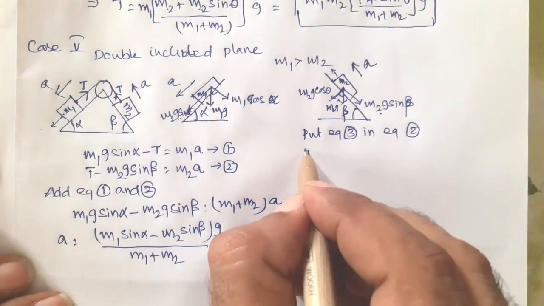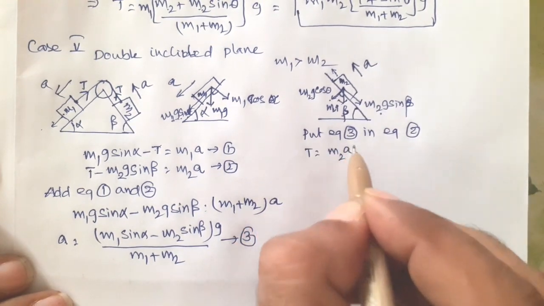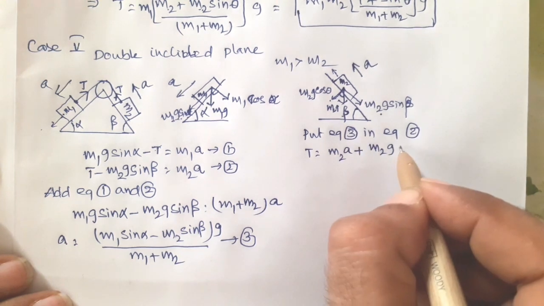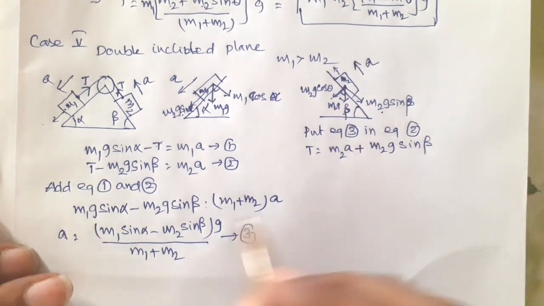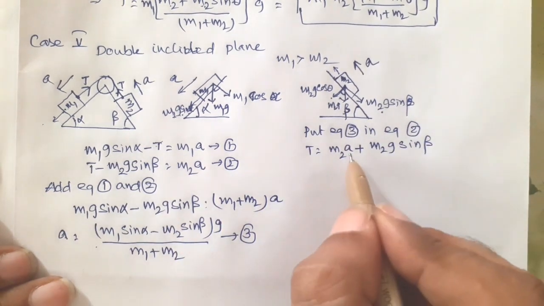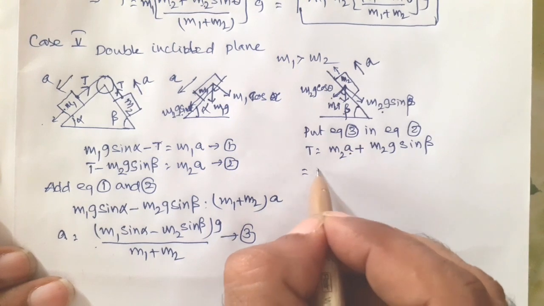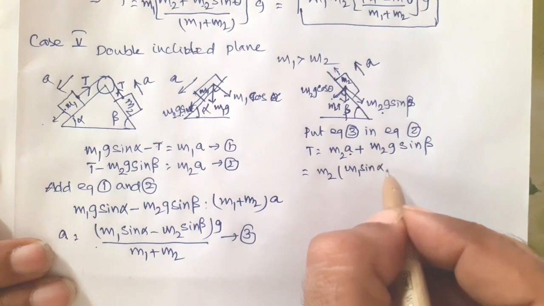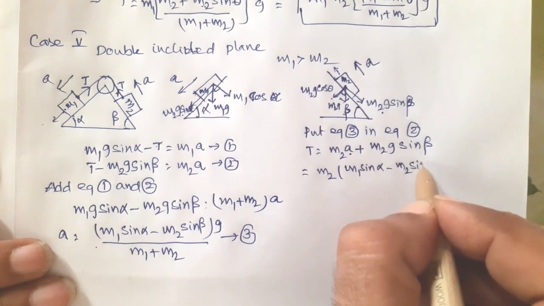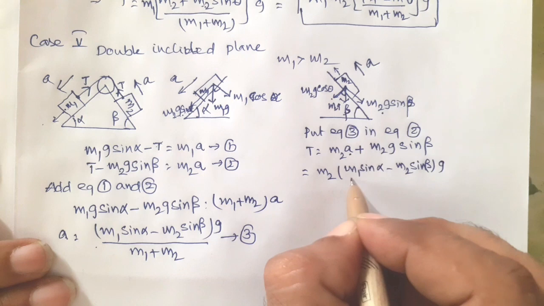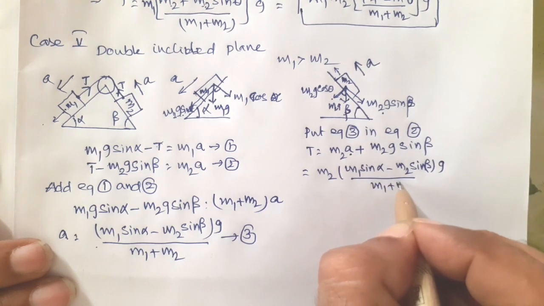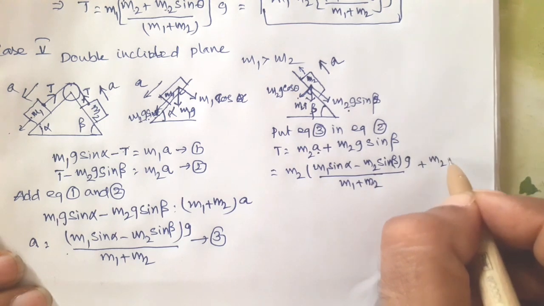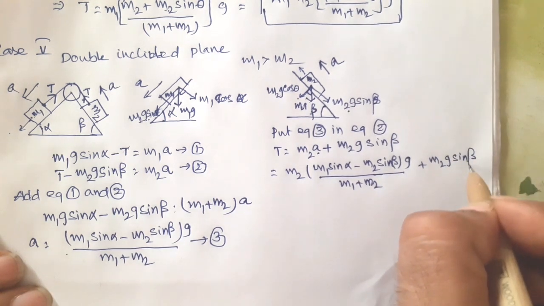That is, T is equal to m2a plus m2g sin beta. Substitute this value here. Therefore, this is (m1 sin alpha minus m2 sin beta) into g by (m1 + m2) plus m2g sin beta.